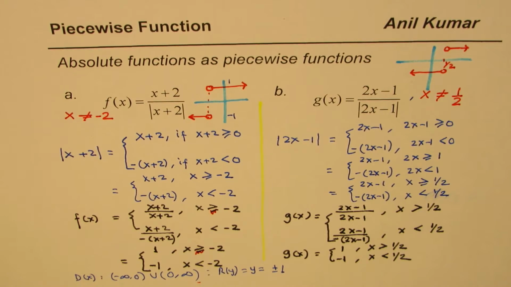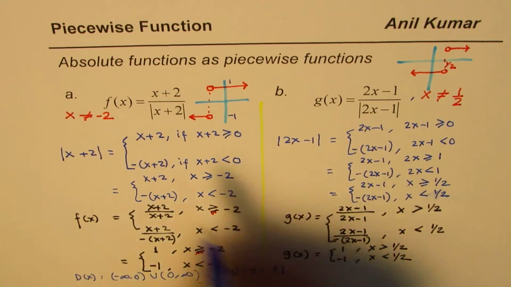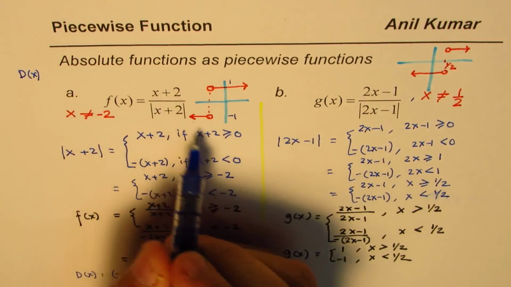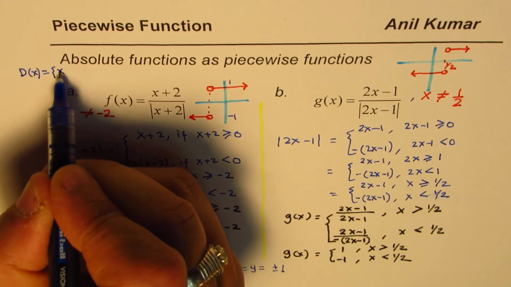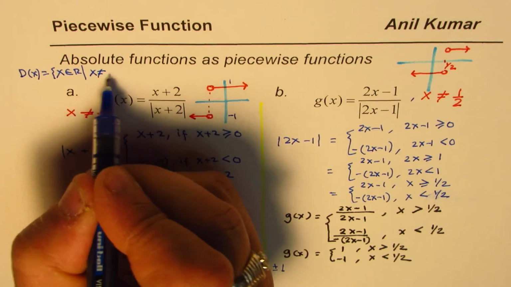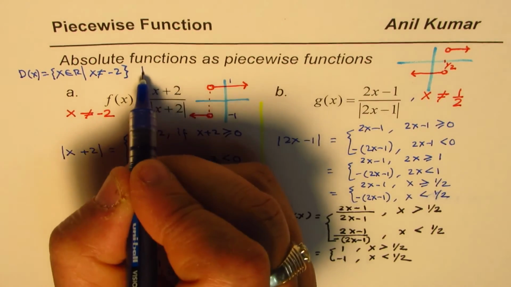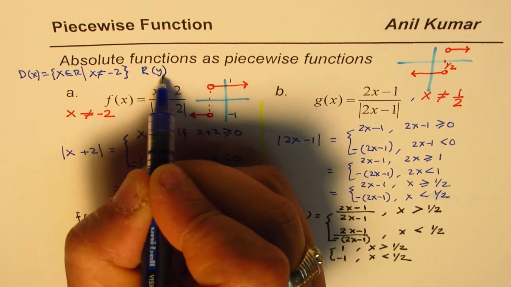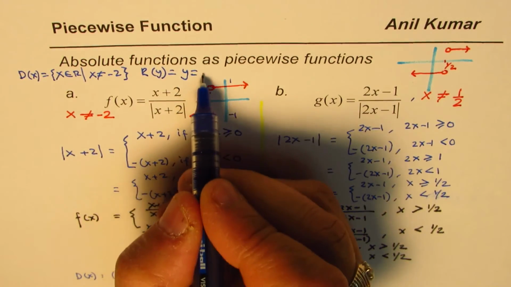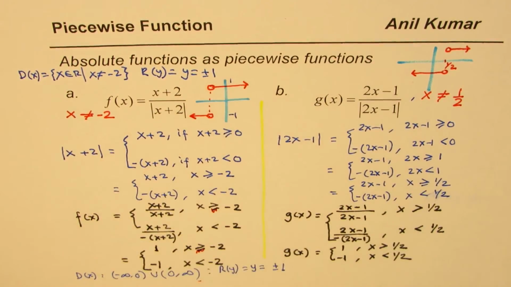So what we notice here in both the examples is, here the domain you could write as x belongs to real numbers where x is not equal to minus 2, and the range is y equals plus and minus 1. Is it okay?